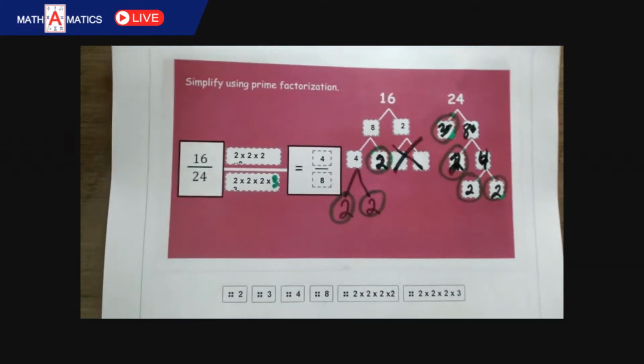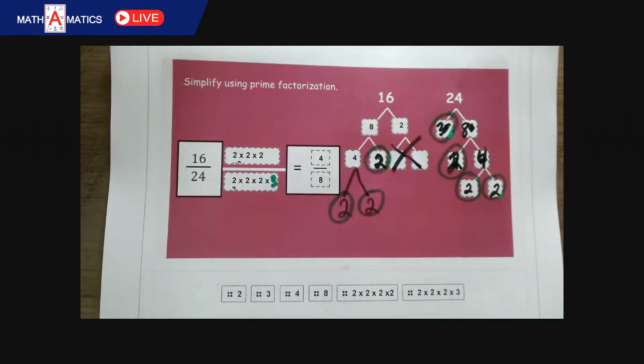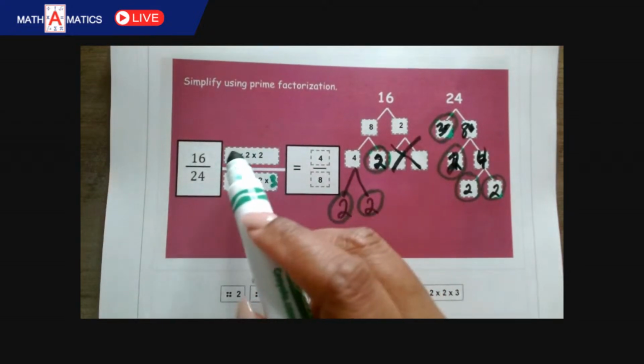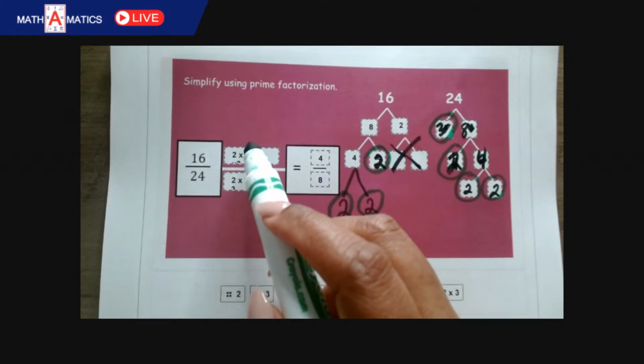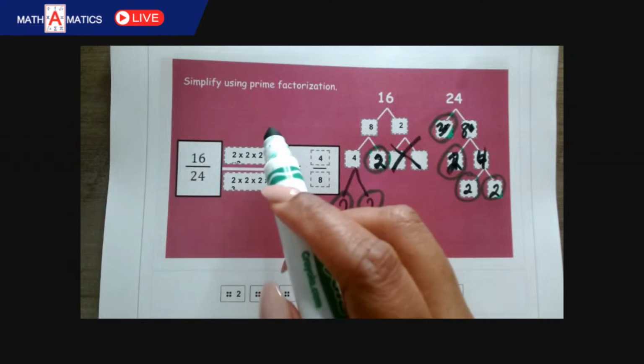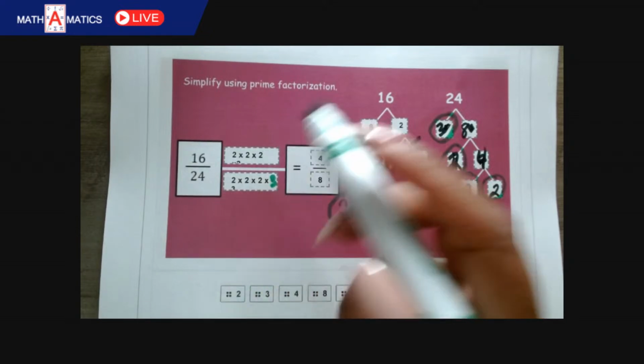And a good question, and just to make sure we understand, you can check if your prime factorization is correct by actually multiplying the prime numbers. So we know 2 times 2 is 4, times 2 is 8.